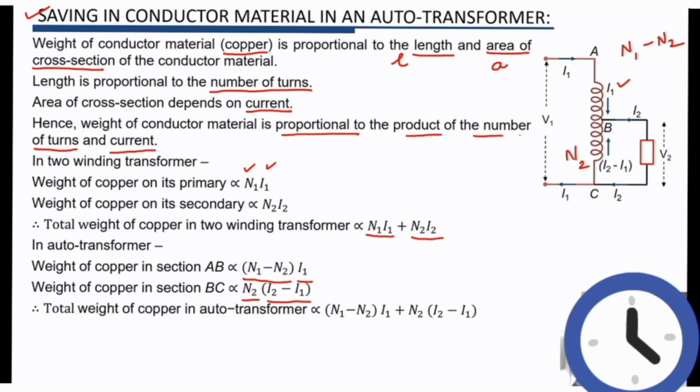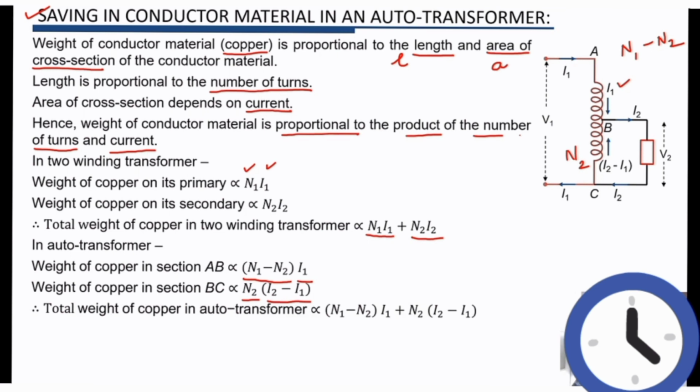But in the auto transformer we have a single winding, right? So we have to calculate separately the weight of copper on the AB winding and the BC winding. For the section AB, the N1 winding is A and C, and the secondary winding is B and C. Then the AB part of the series is N1 minus N2.